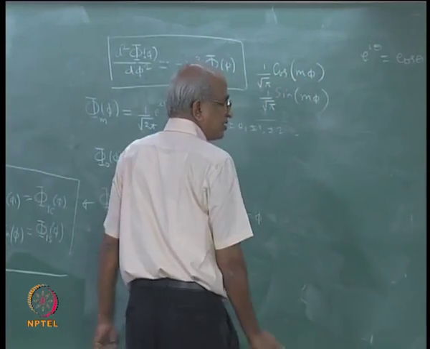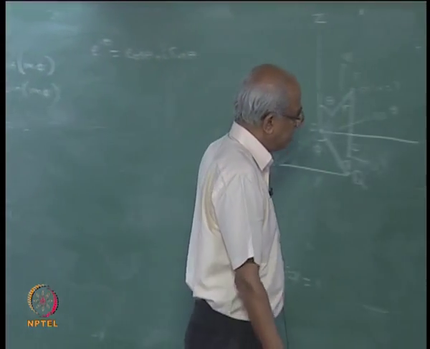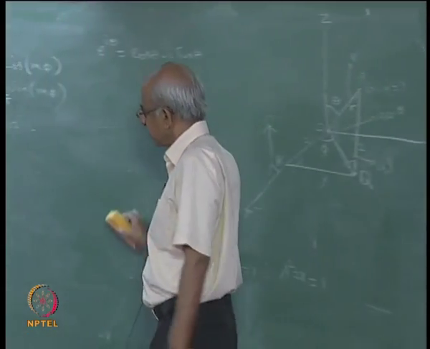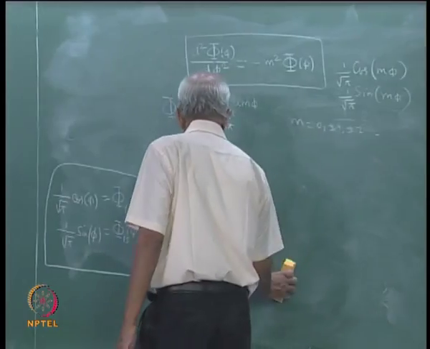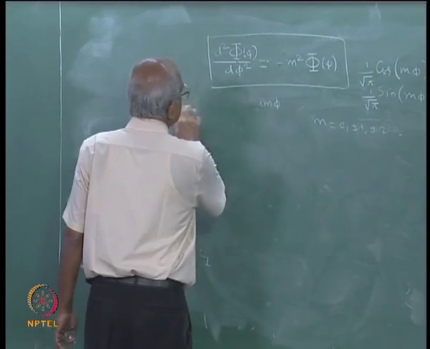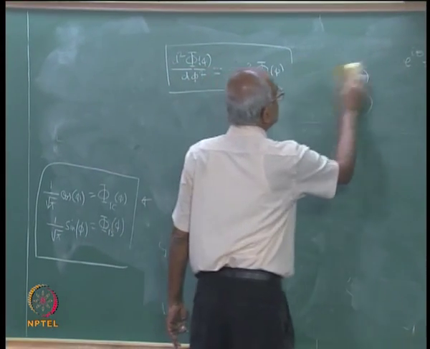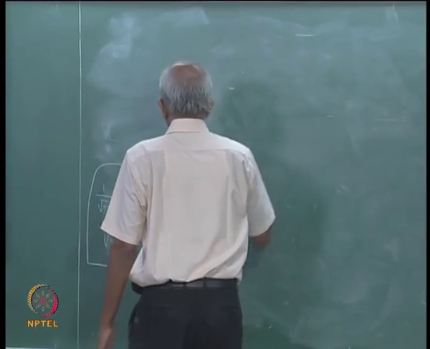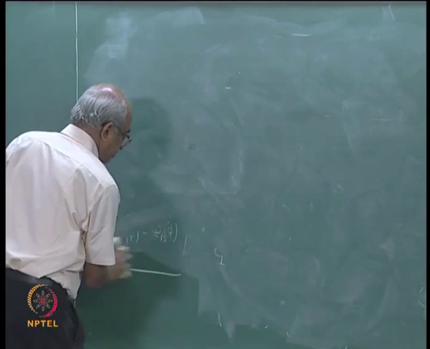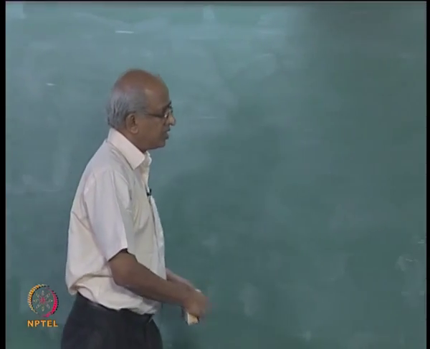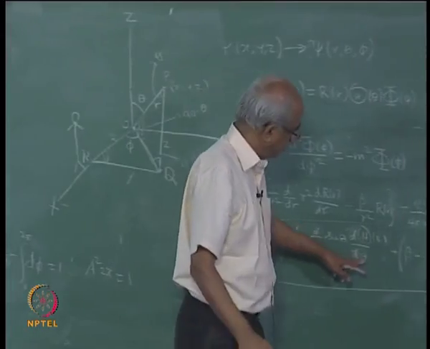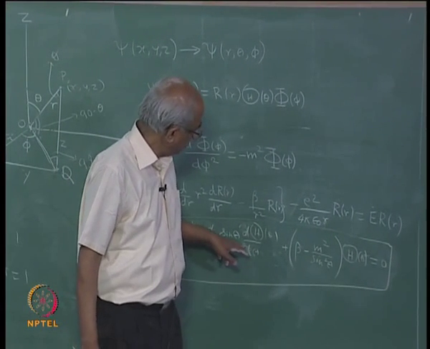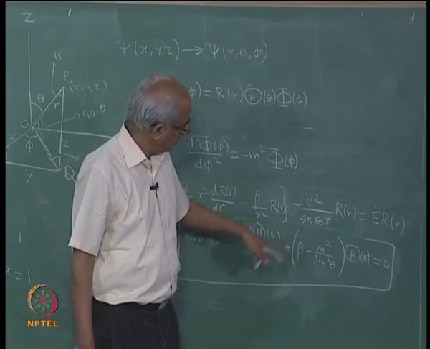So, now we have to look at the next equation, which is actually more complex. This is the equation that we have to worry about. Remember that theta is a variable that will range from 0 to pi, and there is sin theta occurring in this expression.